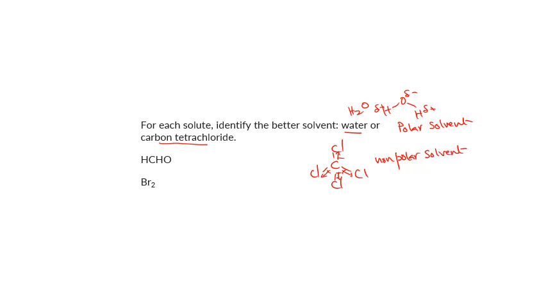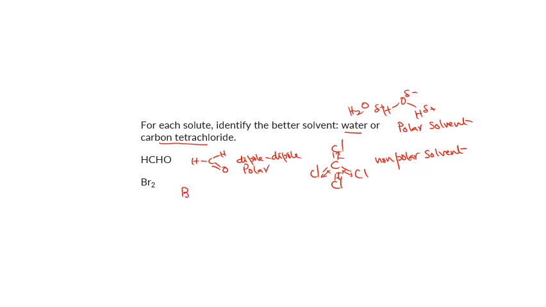Okay, so in this case now think about the solute. So in this case we will have hydrogen and oxygen here, and this carbon, so an electronegativity difference is there, so this is going to be dipole-dipole interaction, so this is going to be polar.